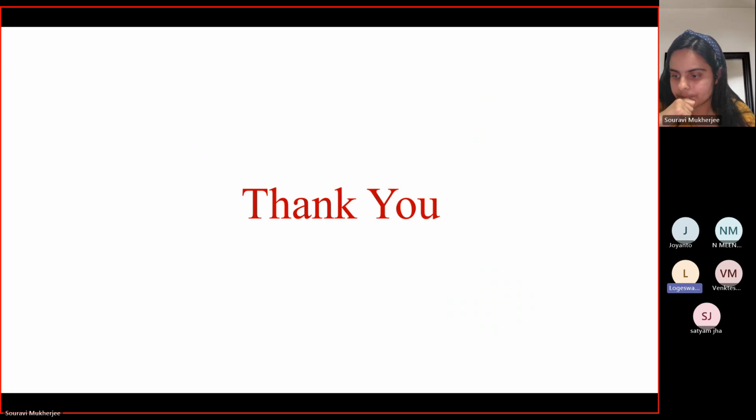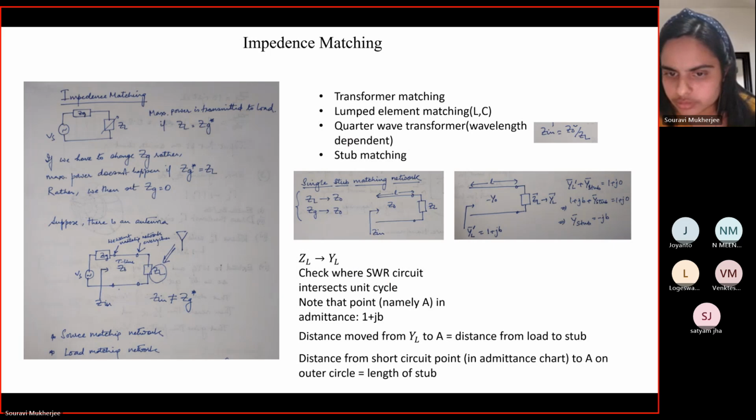Ma'am, here we have a multiple choice question paper, MCQ type questions. How can we use the Smith chart? You can get Smith charts online, I think. Ma'am, but in the end exam?